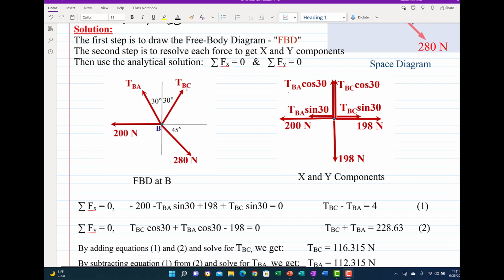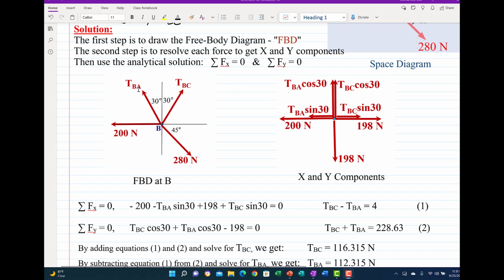Now the TBC is making 30 degrees with the vertical, so we have two components, one in the X direction, which is the projection here. Since the angle 30 is with the vertical axis, TBC cosine theta will be the Y component, and TBC sine theta will be the X component.